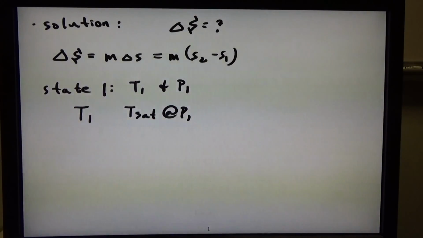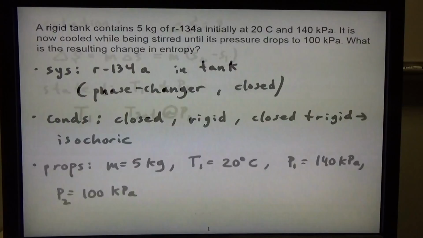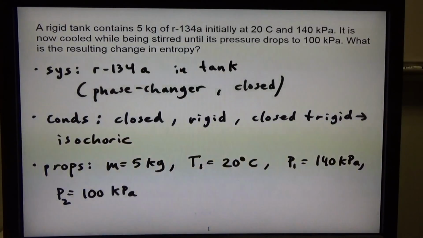That's going to be table A. For 134A, it starts in table A10. So I'm looking for the saturation temperature. That's going to be from table A11. So from table A11, at a pressure of 140 kilopascal, that's going to be 1.4 bar.